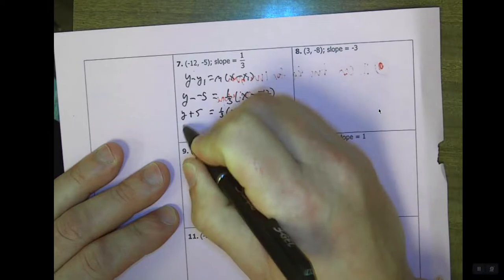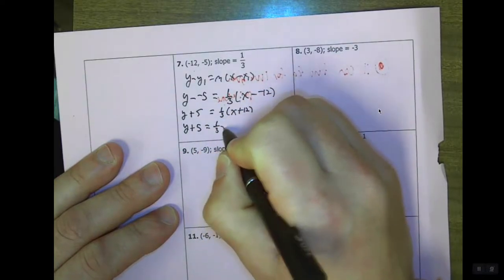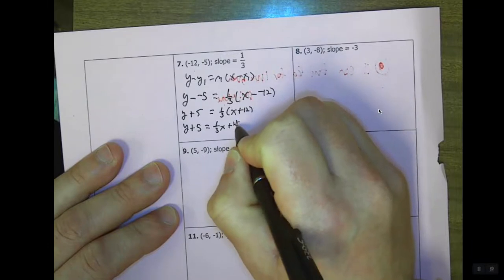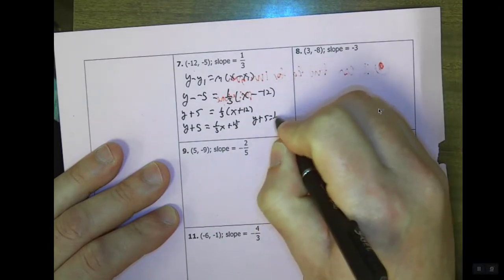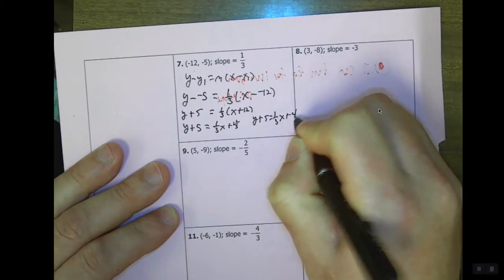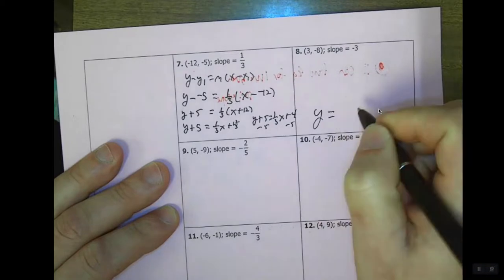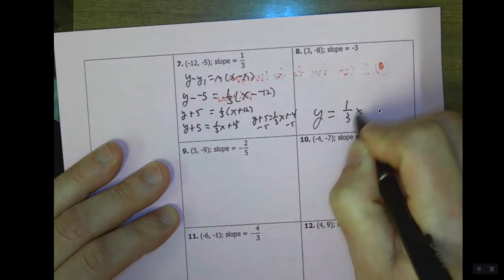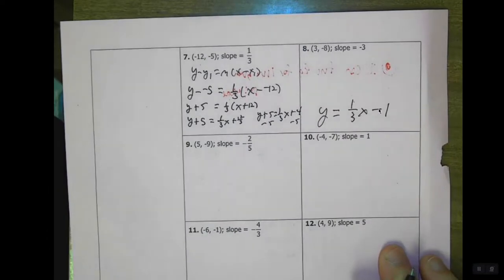Now you do distribution. So y plus 5 equals 1/3 x plus 12/3. So I get y plus 5 equals 1/3 x plus 4. Subtract 5, y equals 1/3 x minus 1. I'd like you to try number 8.